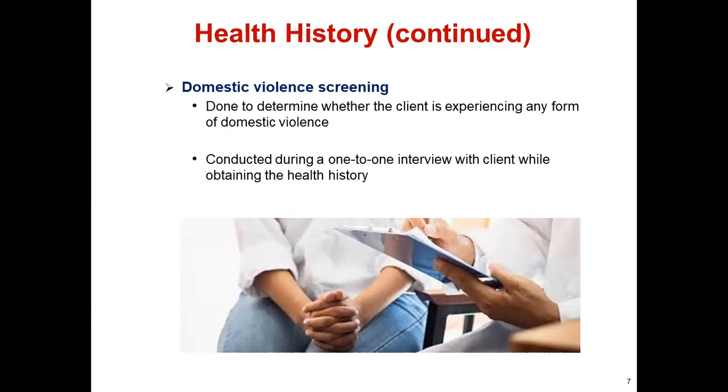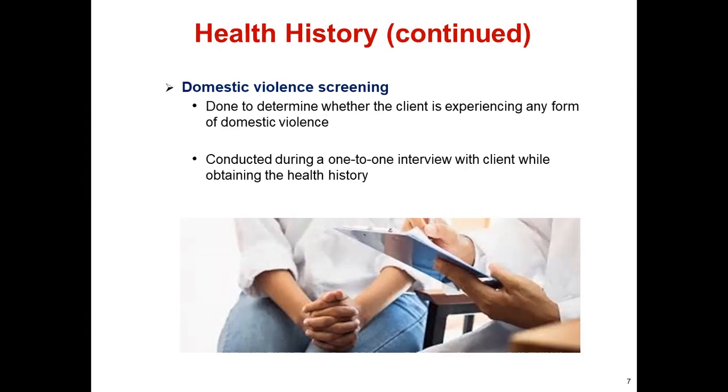Determine whether the client is experiencing any form of domestic violence. Sometimes the NCLEX board asks, who is at risk of domestic violence? One is the elderly patient, and another is children, right?